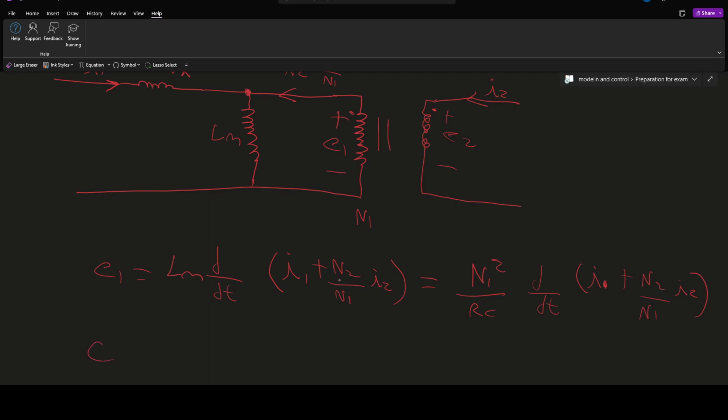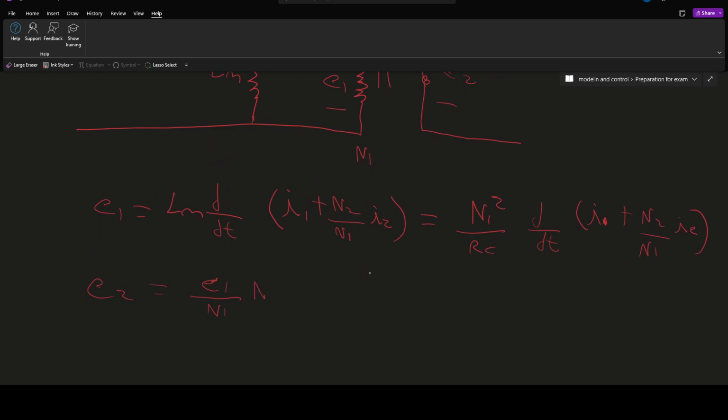So we now are going to try the same for this side. So we know that E2 is E1 over N1 times N2. And we know this for the ratio of the transformer, for the equation of the ideal transformer.